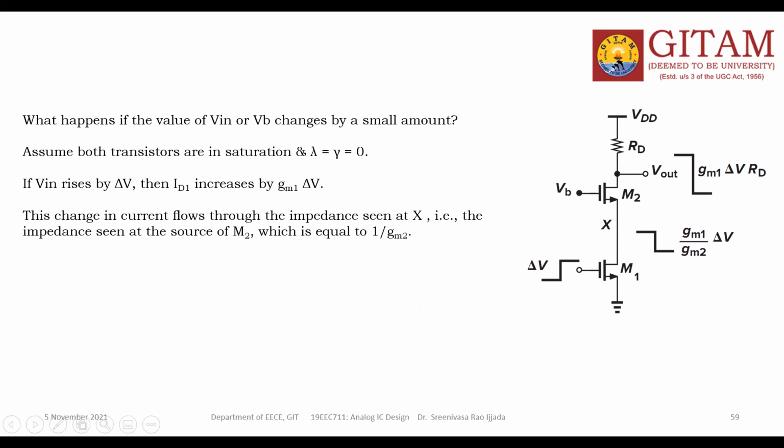this change in the current flows to the impedance seen at the terminal X. This is my X. This is the node. X is about the node. So since the change in current at this point is gm multiplied by the delta V, the change in the current flows to the impedance seen at X. Seen at X means, I told you in the previous class, we have to see the input impedance and output impedance.